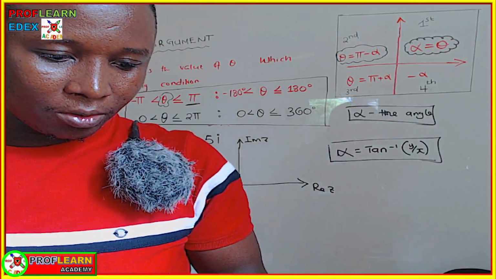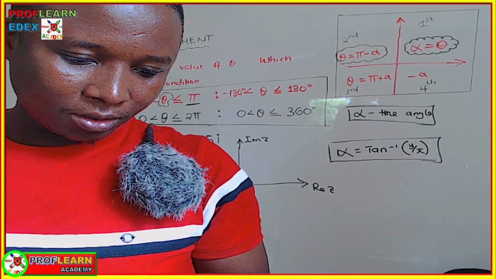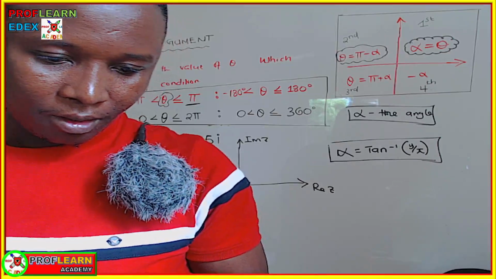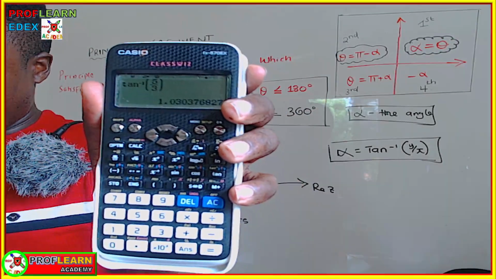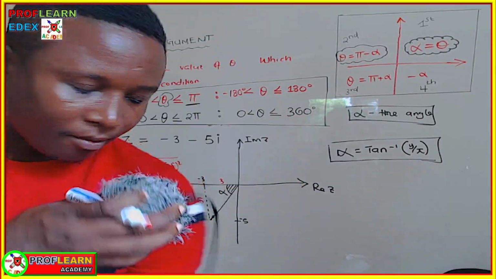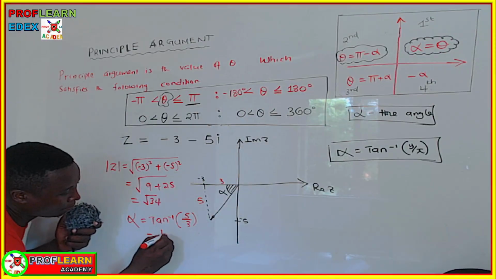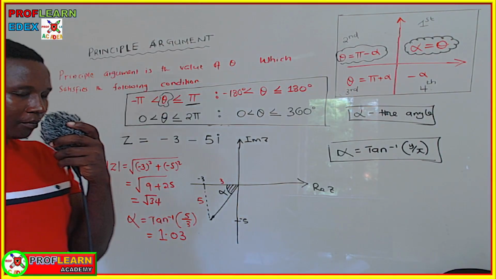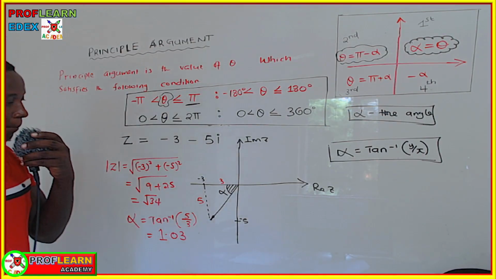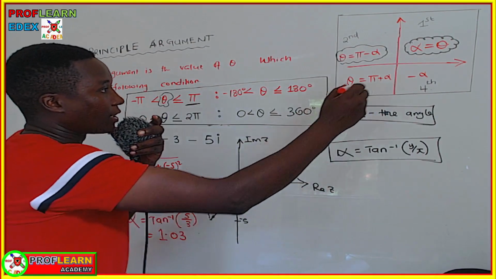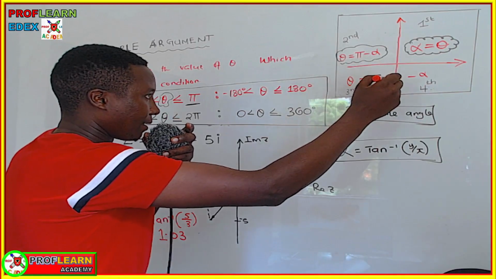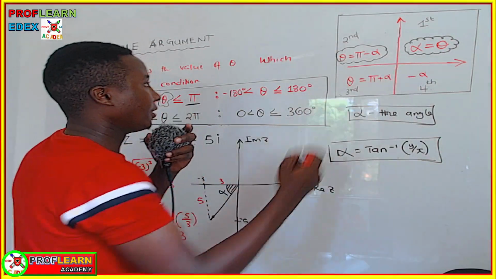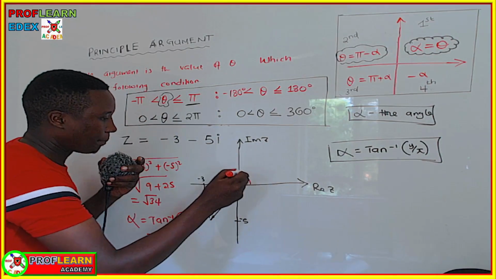I'm getting 1.03. So in order to state the principal argument, remember it's pi plus alpha. And how are we getting this pi plus alpha? We are going to move up to this point.